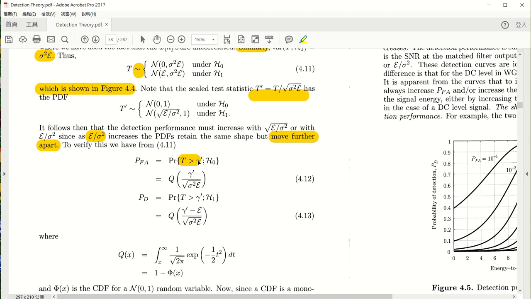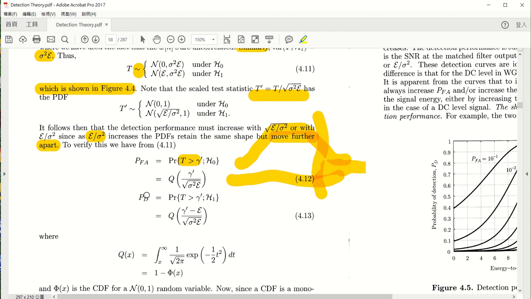Then the right hand side, which is the gamma prime, is also divided by this square root of this thing, and then you have a Gaussian distribution. You are calculating the tail probability, right? So as a result, it's a Q function of this thing. If it's a standard Gaussian, then it's a Q function.